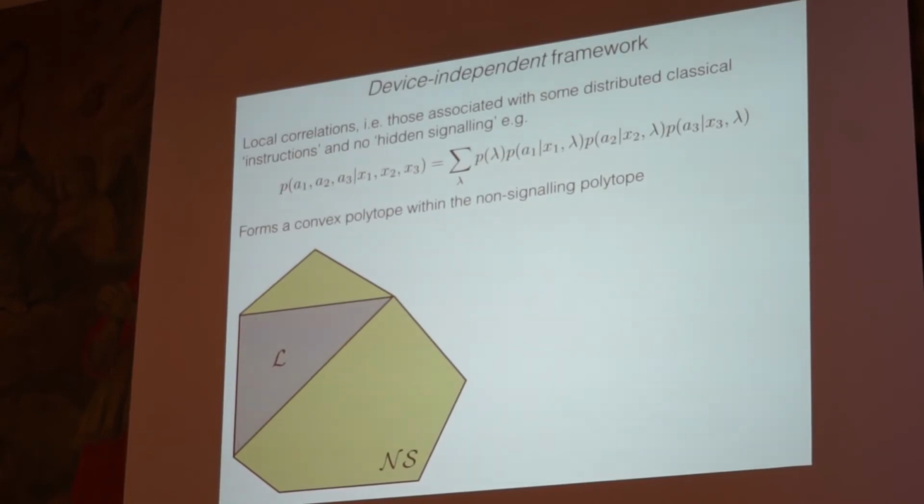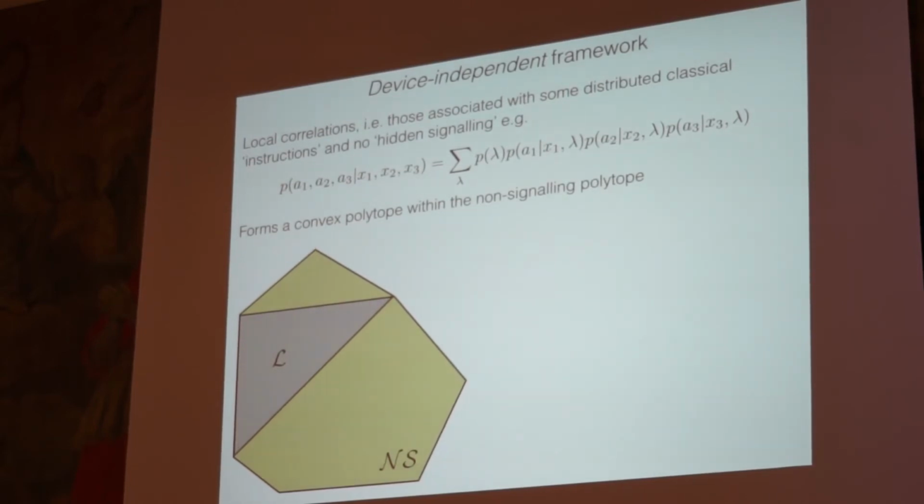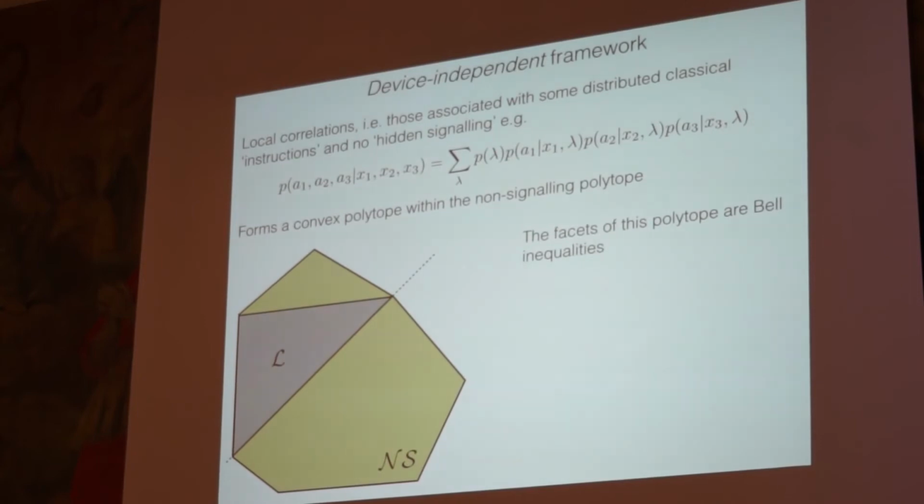So then we have some hidden instructions described by lambda, some distribution over lambda, and then the outcomes produced in each laboratory are just dependent on the inputs and then lambda itself. And then this forms a convex polytope within the non-signaling polytope. And then the facets of this polytope are just the Bell inequalities.